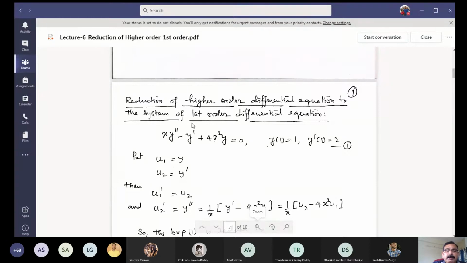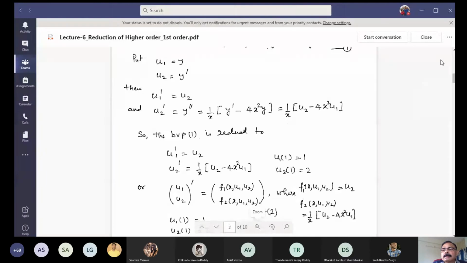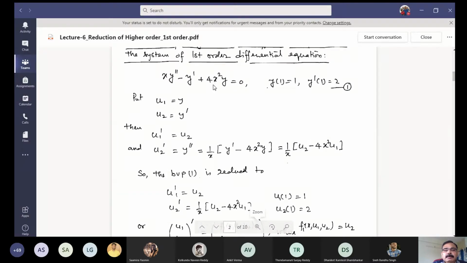We can write y double prime from the equation: dividing by x, y double prime is 1 by x times y prime minus 4x square y.